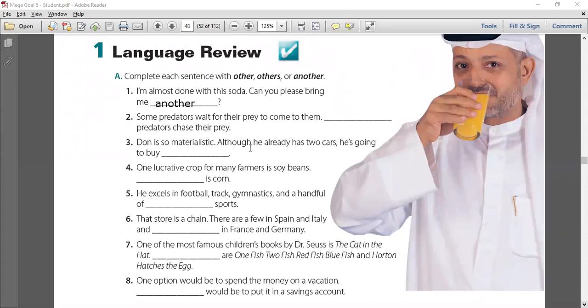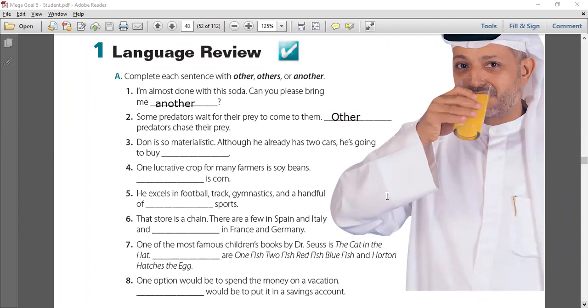Number two. Who can do number two? Can I do it? Yes, Rima. Some predators wait for their prey to come to them. Other predators chase their prey. Very good.